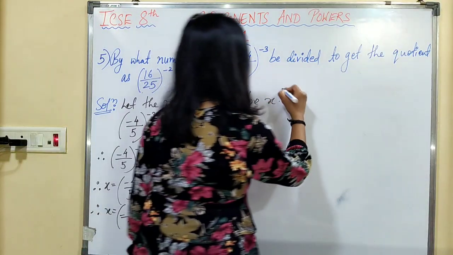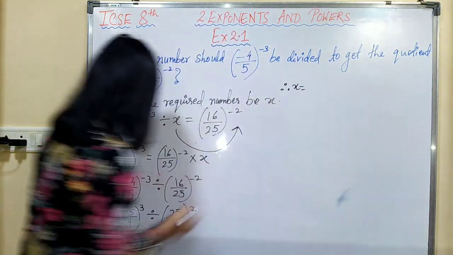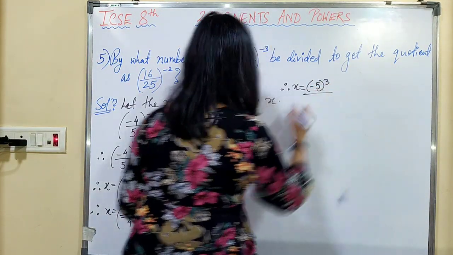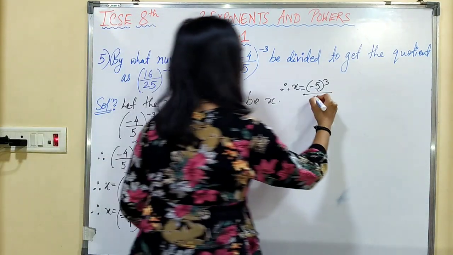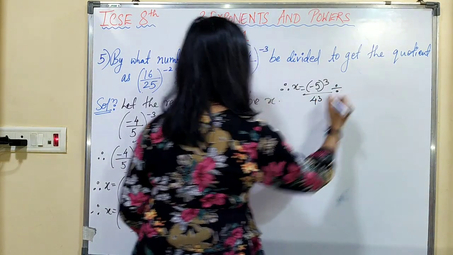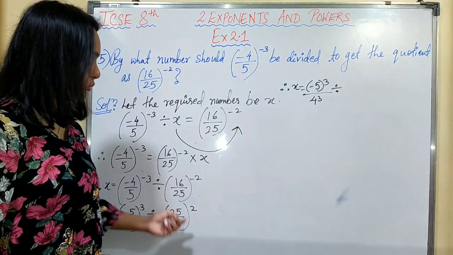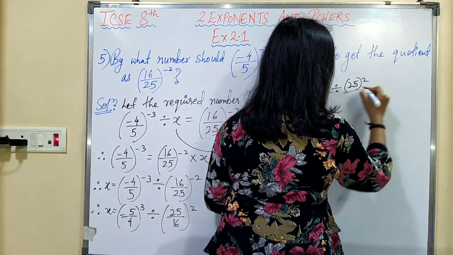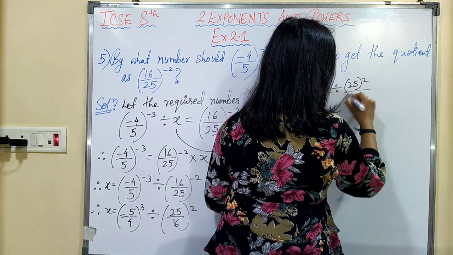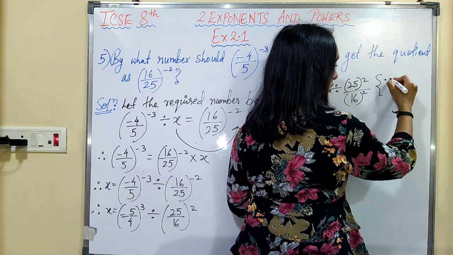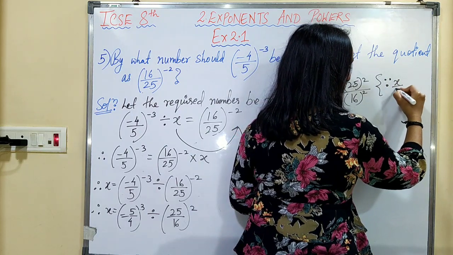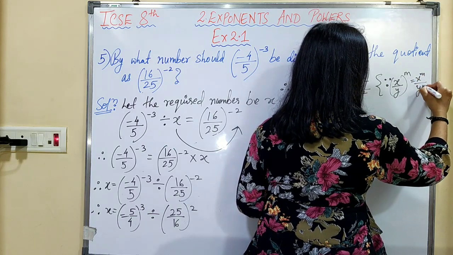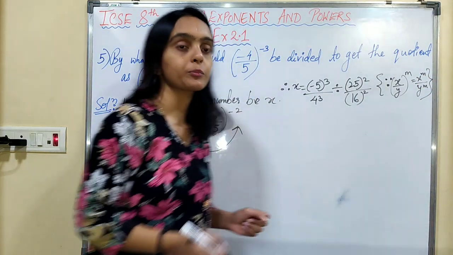So you will get x equals minus 5 raised to 3 upon 4 raised to 3 divided by 25 raised to 2 upon 16 raised to 2, by using the law, x upon y raised to m equals x raised to m upon y raised to m. Okay.